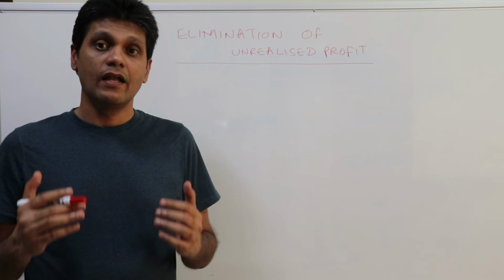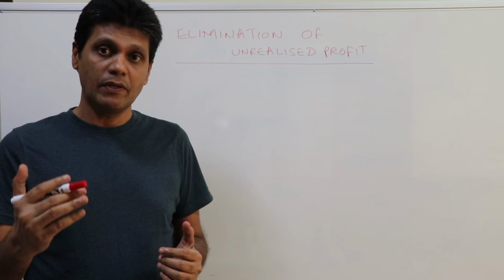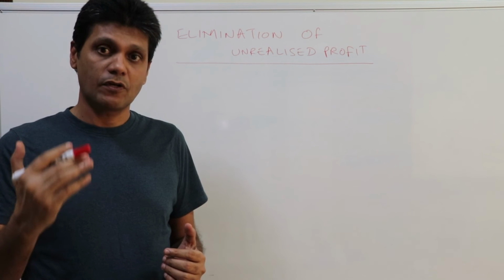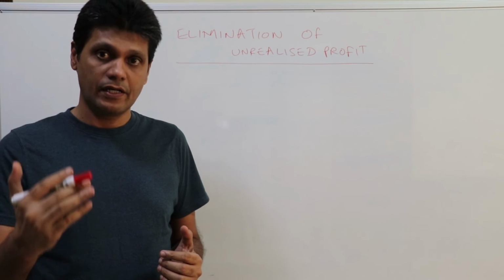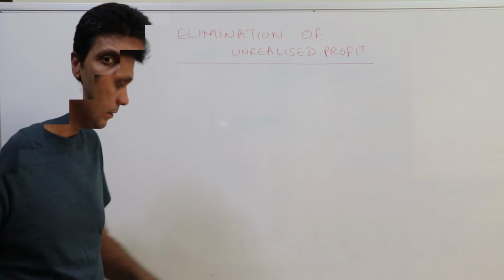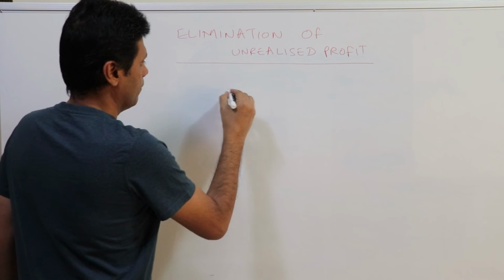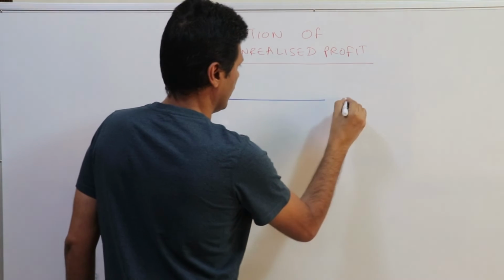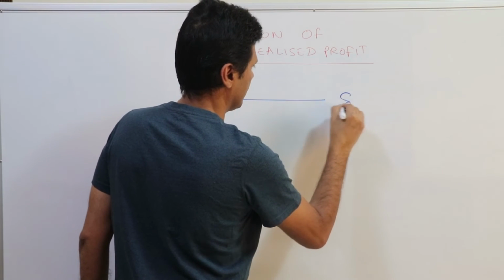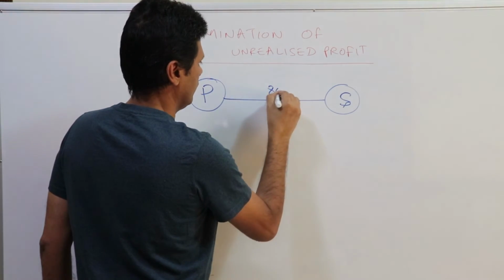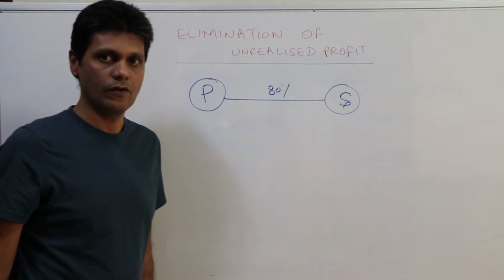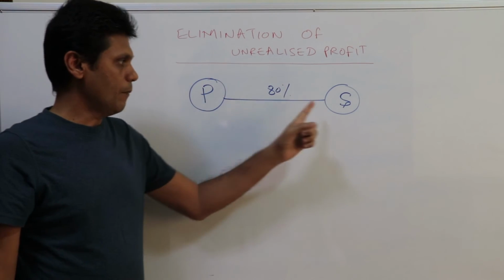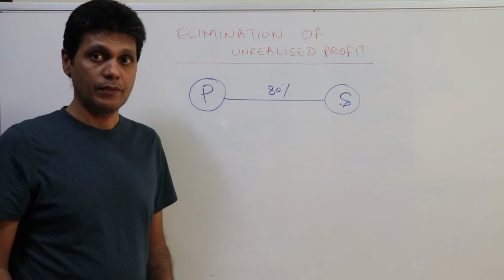In this regard, let me take an example to explain the process of unrealized profit. Let's assume P company has acquired 80% of shares of S company. So P is the parent company, S is the subsidiary company.